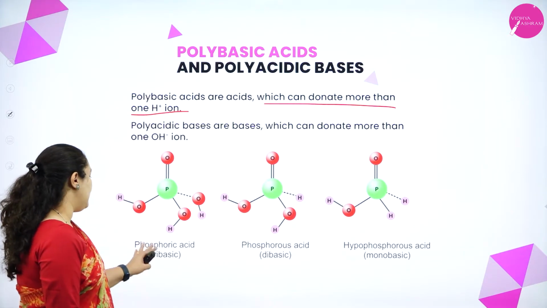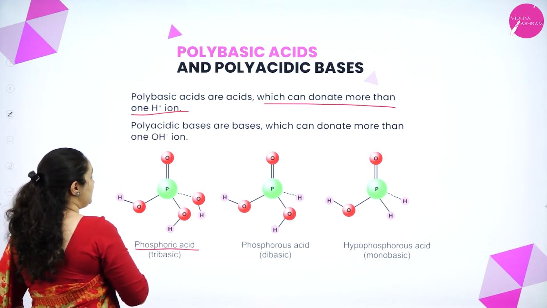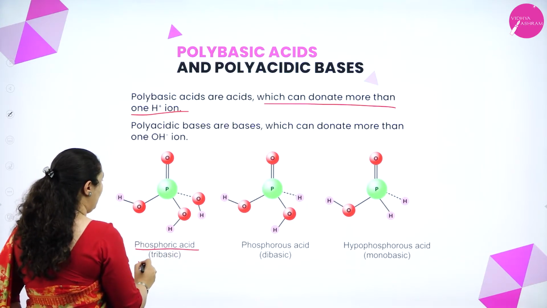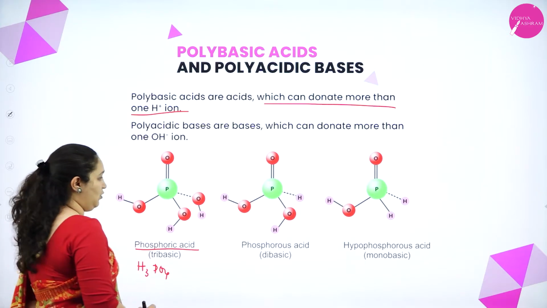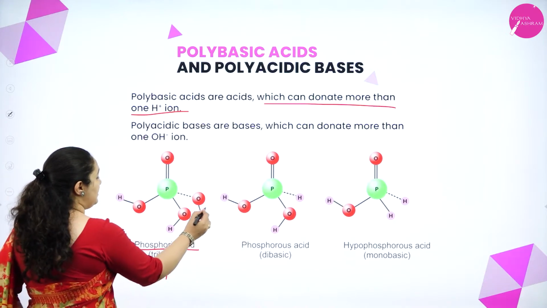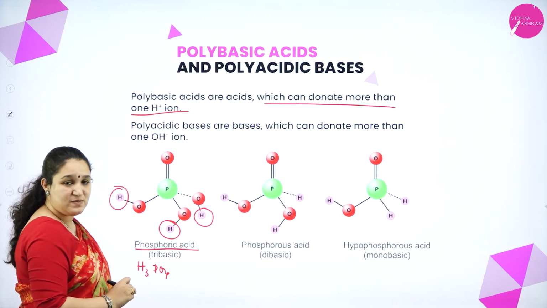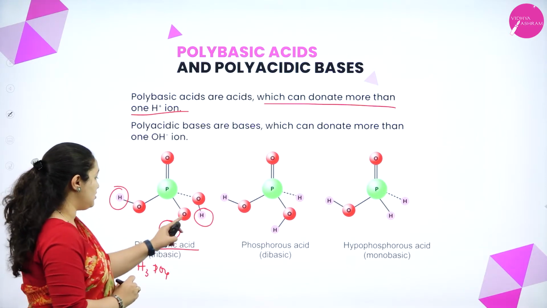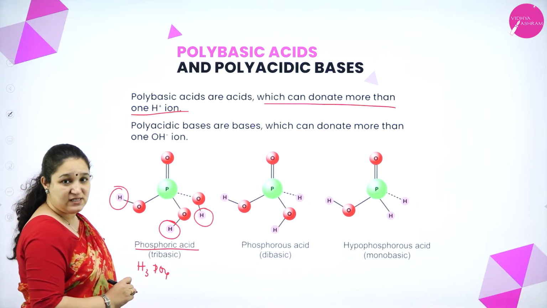For example, you can see phosphoric acid, that is H3PO4. Okay, it is phosphoric acid in which you can see 1, 2, 3 replaceable hydrogen atoms, which are attached to oxygen to form an OH bond. Okay, so it is a tribasic acid.